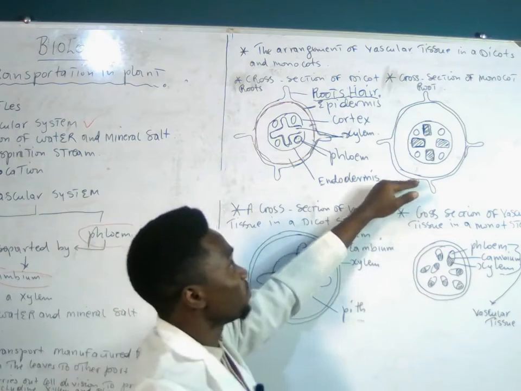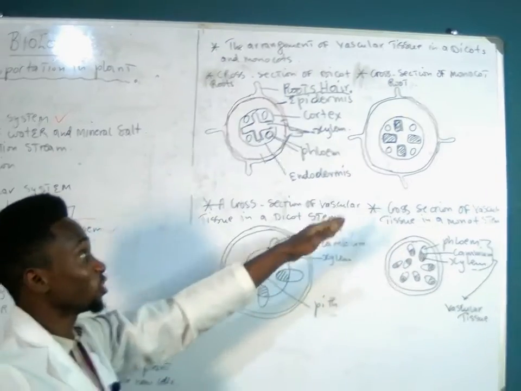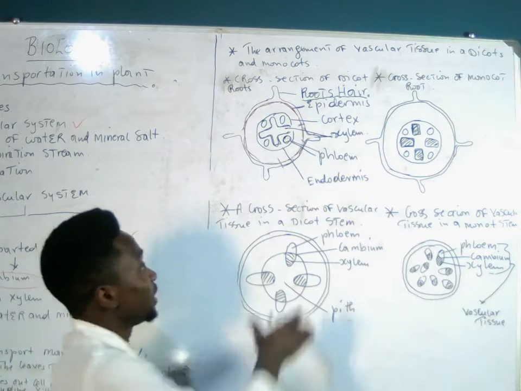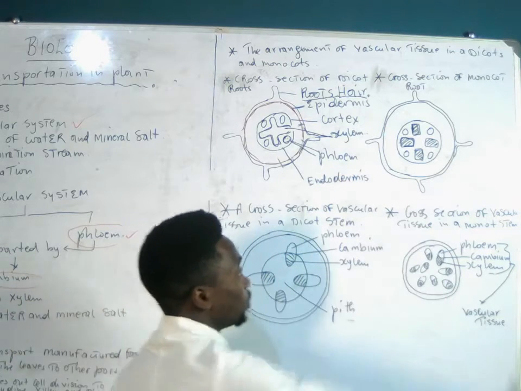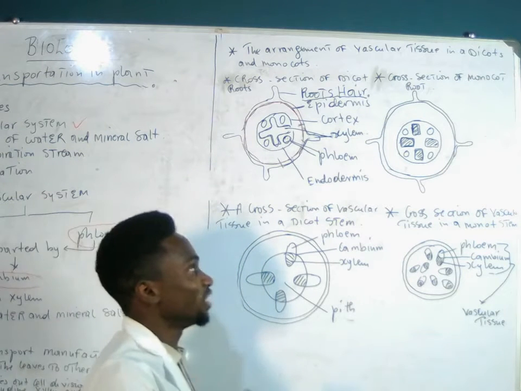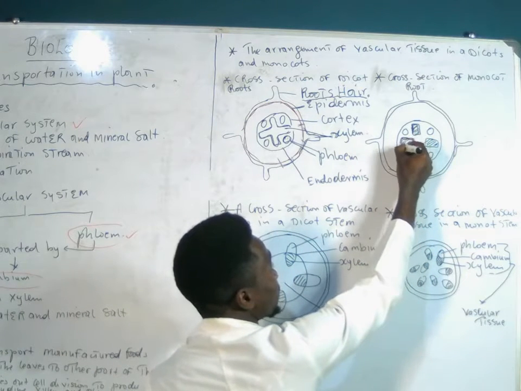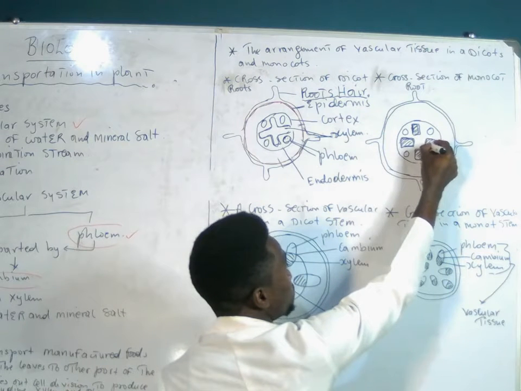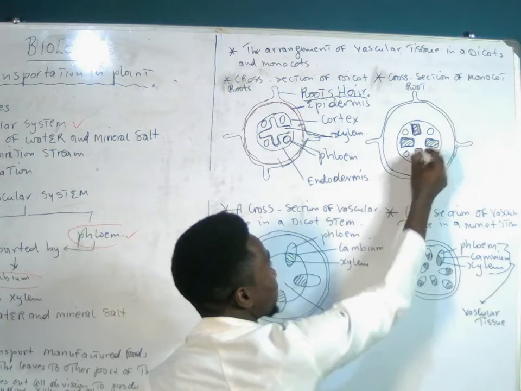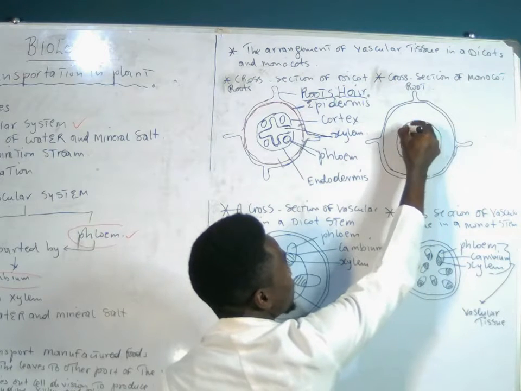Then we've got this other diagram which shows the cross section of vascular tissue taken from a monocot root. This is the dicot root, and this one is the monocot root. How are we going to know if the vascular tissue is taken from the monocot root? The xylem is not going to be attached to each other. This is the way it's going to look. Then in the middle we have our phloem.